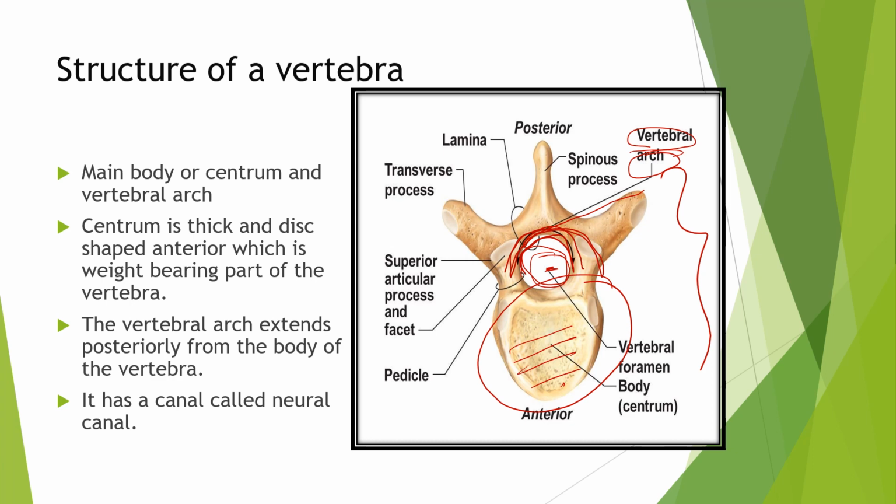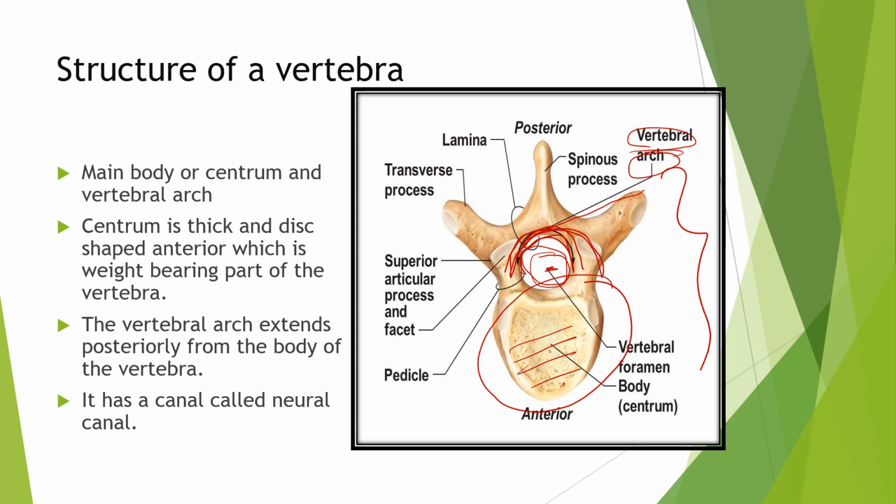Now, the spinal cord runs through this vertebral or neural canal. As we come down, there is a spinous process, which is called the neural spine, which is a flat and longitudinal projection.